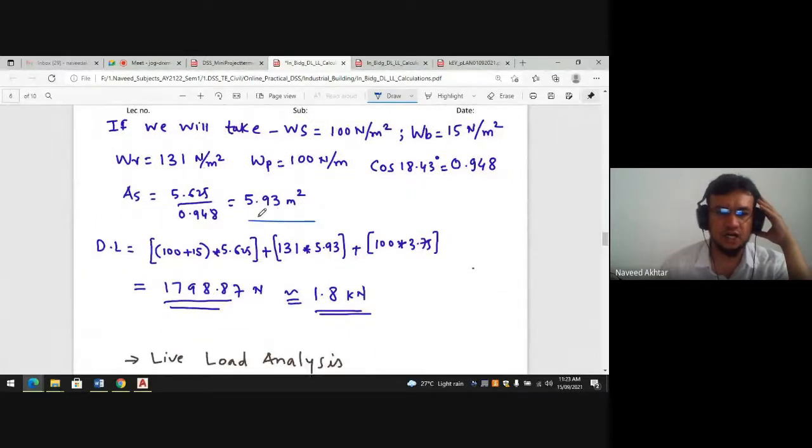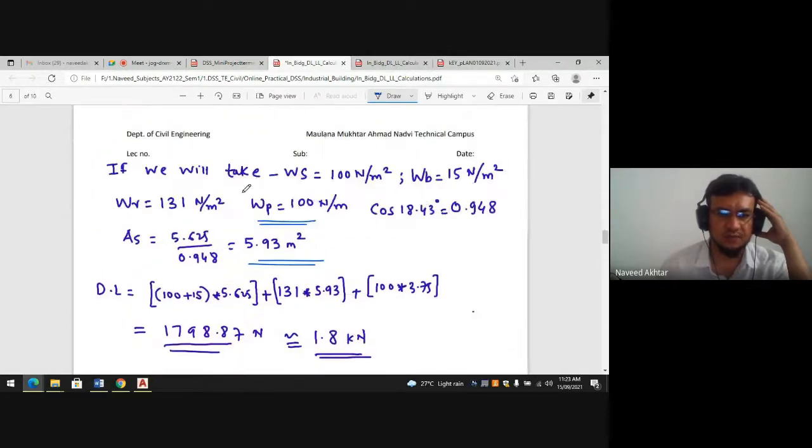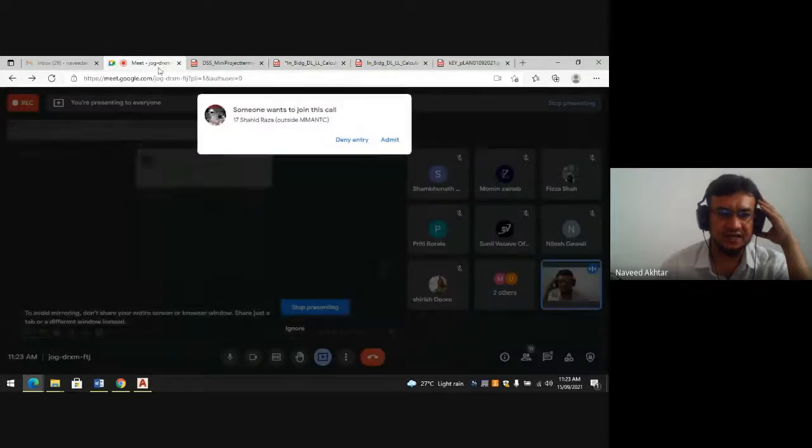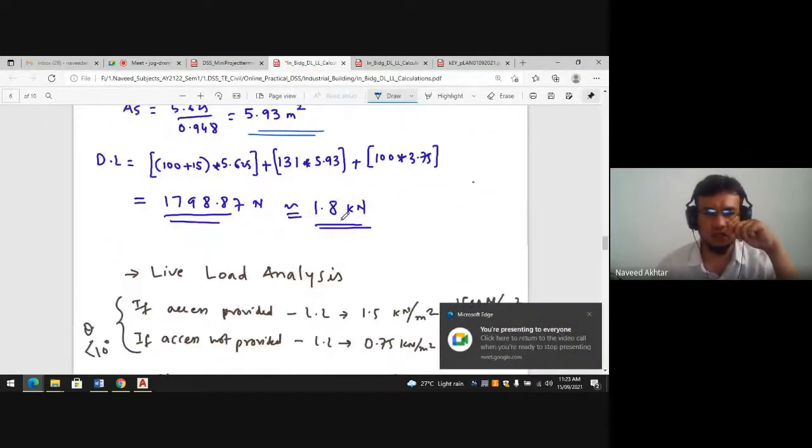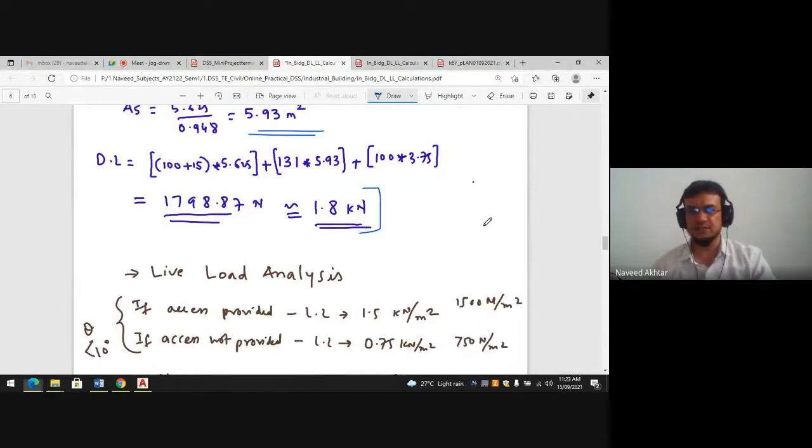You know the area in plan and the area in slope, so you multiply these and you will get the required dead load on your panel point. That is coming at the middle point as 1.8 kilonewton.